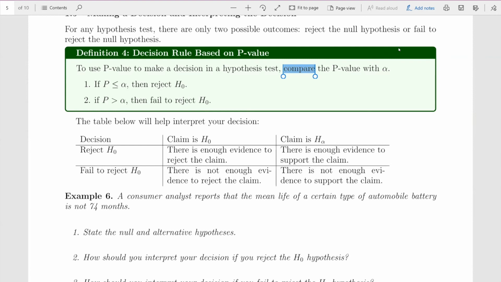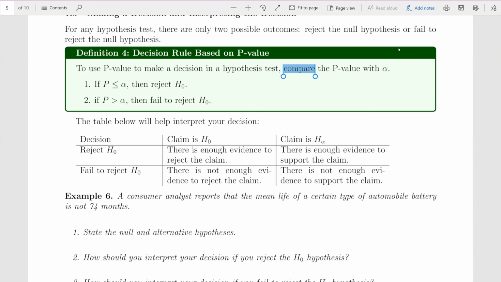And how can you interpret your decisions? There are two different possibilities for where the claim is going to be. The claim can be in the null hypothesis, or the claim can be in the alternative hypothesis. The two possible decisions are that you either reject the null hypothesis or fail to reject the null hypothesis.